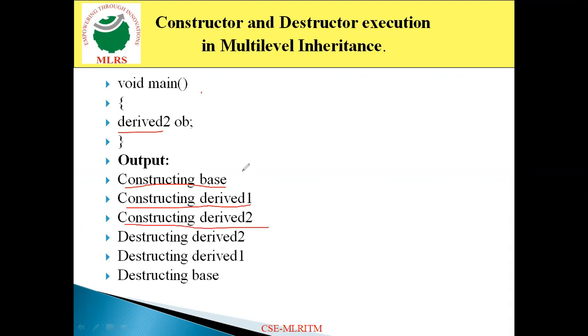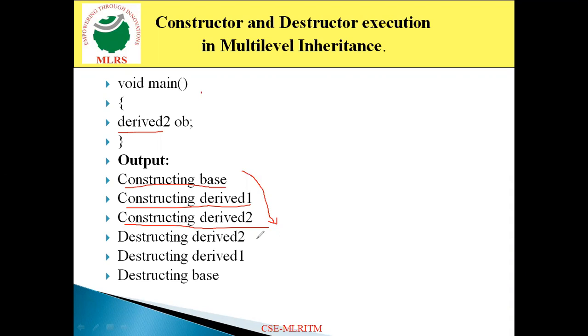Now look at this. It is executing in order: first the base class constructor, then the next derived class, the Derived1 constructor, and then the next derived class, the Derived2 constructor. So this is the procedure of how constructors execute in inheritance. And come to the destructors.